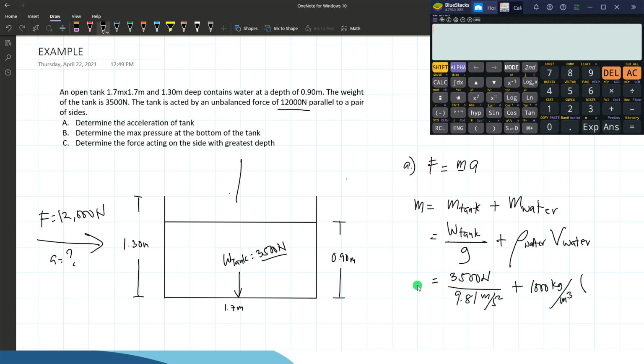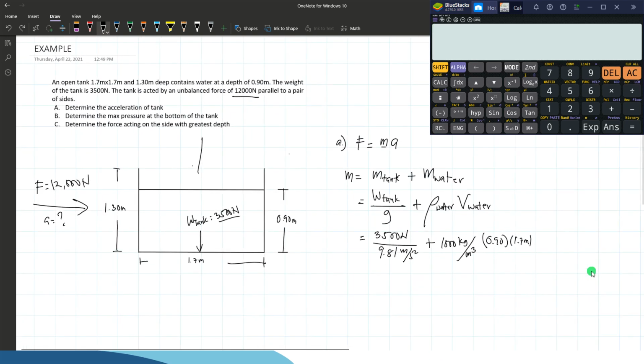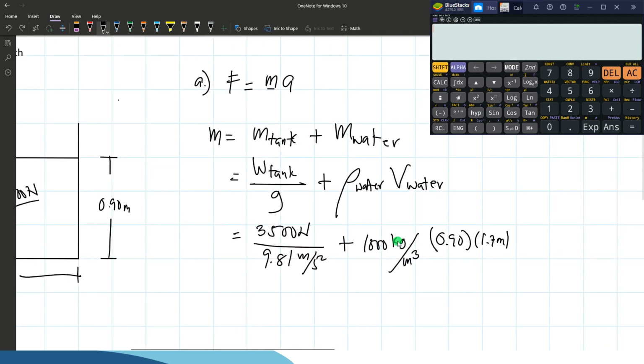So the volume of water is the depth of water, 0.9, multiplied by the base width, which is 1.7, and the thickness, we have 1.7 also, multiplied by 1.7 meters.